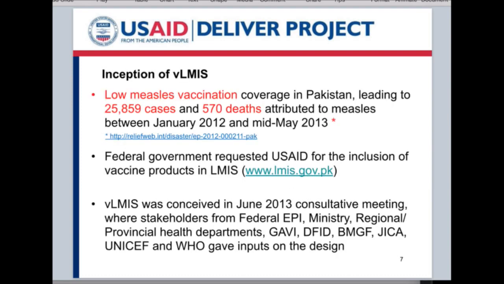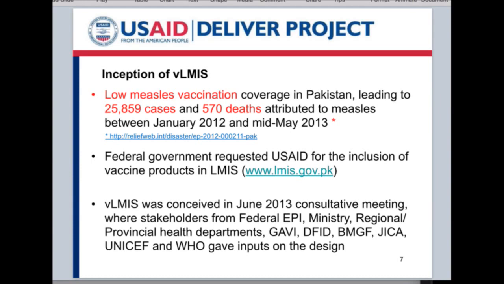How did vLMIS start? It was a measles outbreak in 2012 when the government of Pakistan requested USAID to include the vaccine products in the current LMIS, and the project held many consultative meetings with the partners and the government of Pakistan on how to include the products.